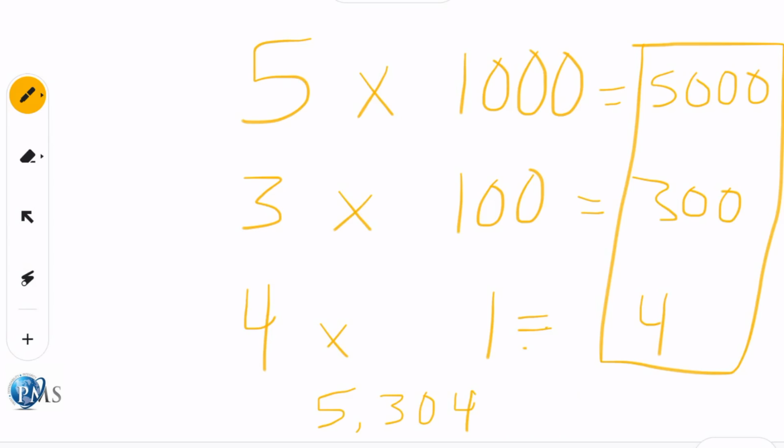Okay? Now, here's maybe an important question. Why is this number here a 0? How come that's a 0? Well, notice that place where the 0 is actually the tens place.